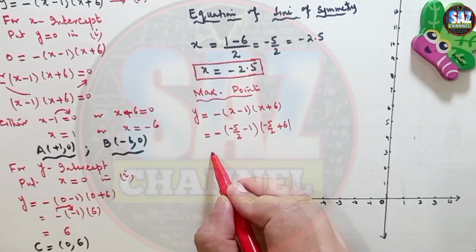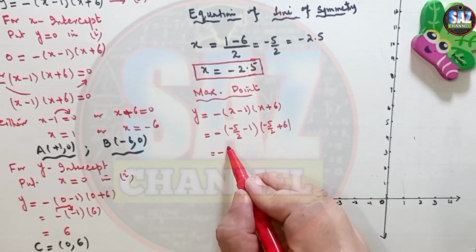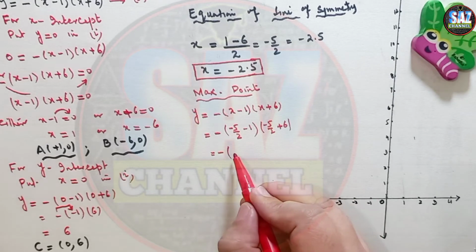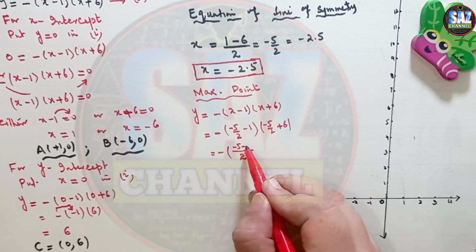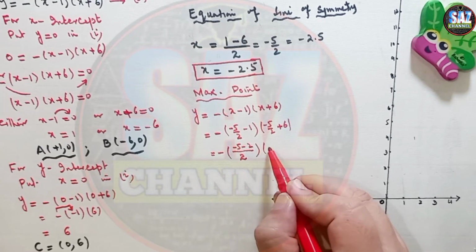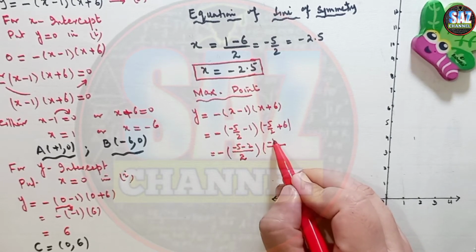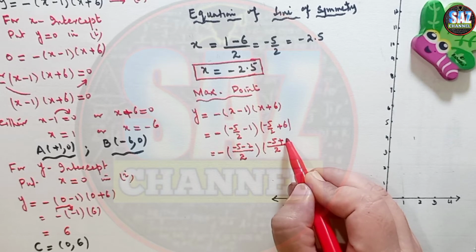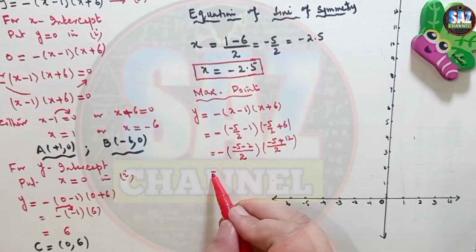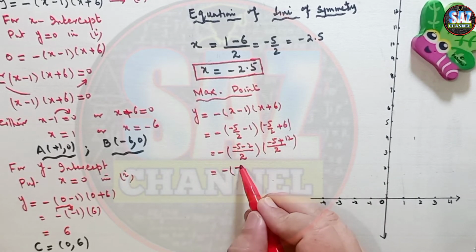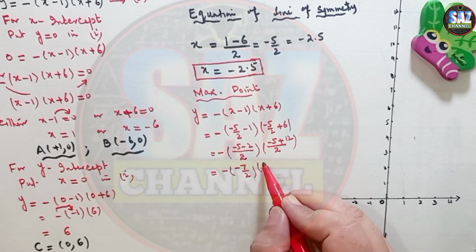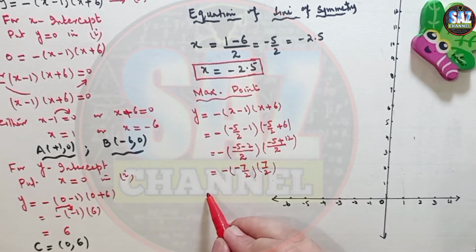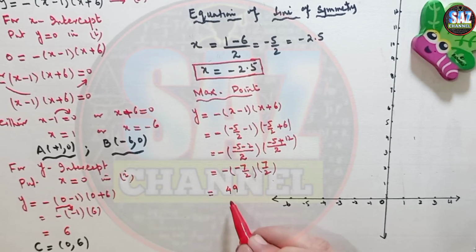I will be working with fractions because this question can come in paper 1 where calculators are not allowed. Minus 5 minus 2, and into 2 again will be the LCM, minus 5 plus 12, and this will give me minus 7 by 2 into 12 minus 7, which is 7 by 2, 49 by 4.